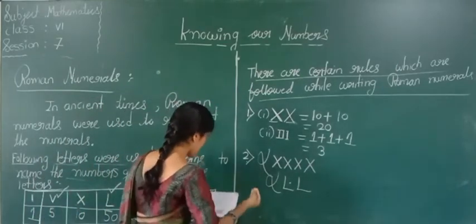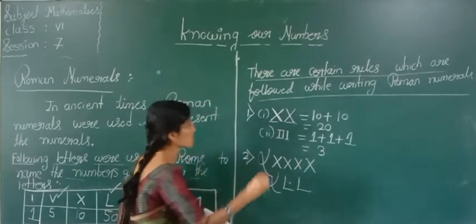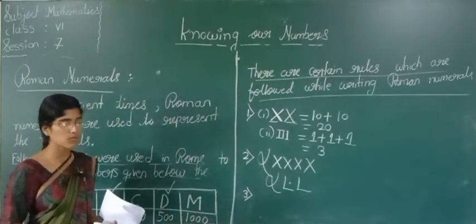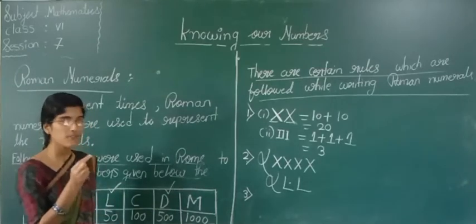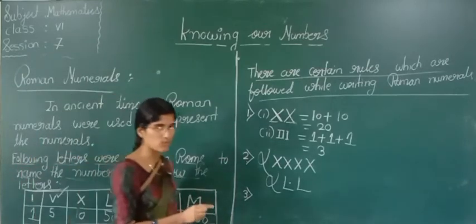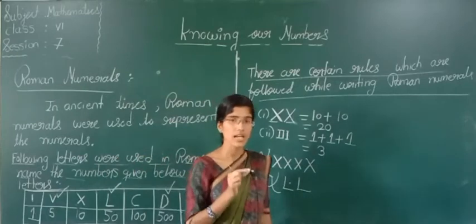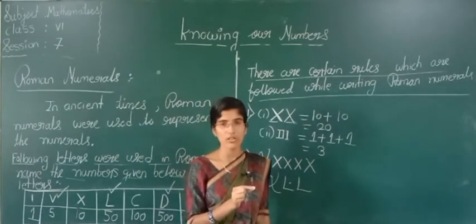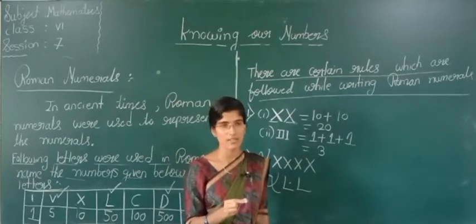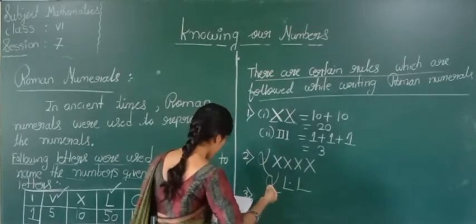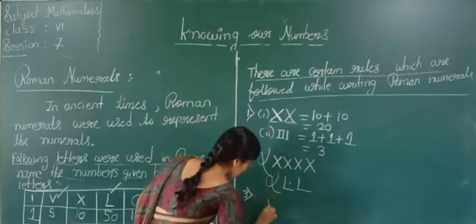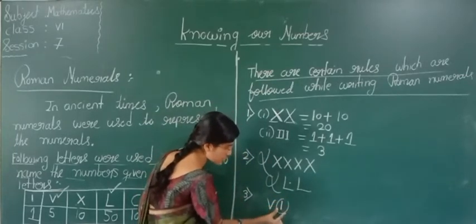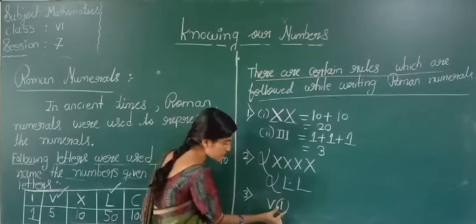Now we will see the third rule for writing Roman numerals: if a symbol of smaller value is written to the right of a symbol of greater value, then its value is added. The meaning I will explain here. This is a smaller symbol.